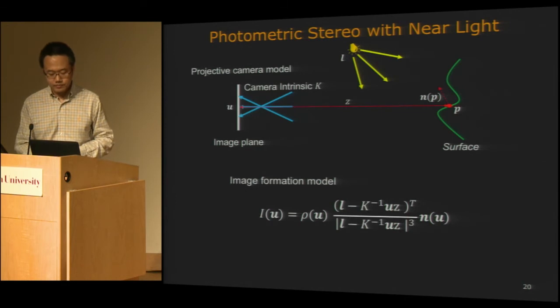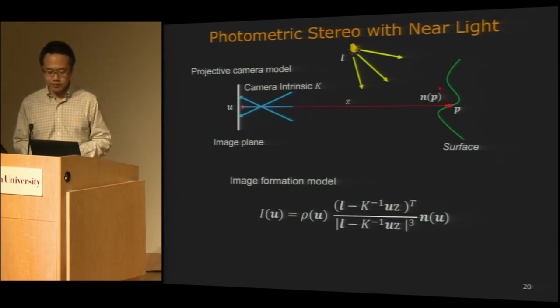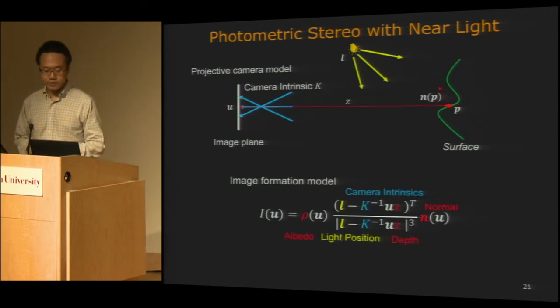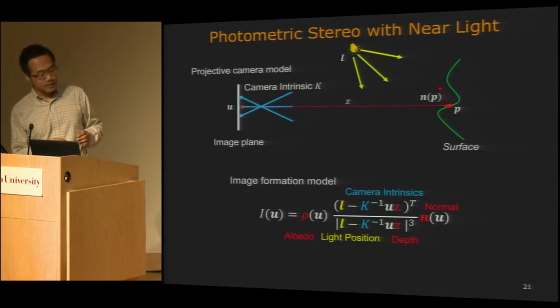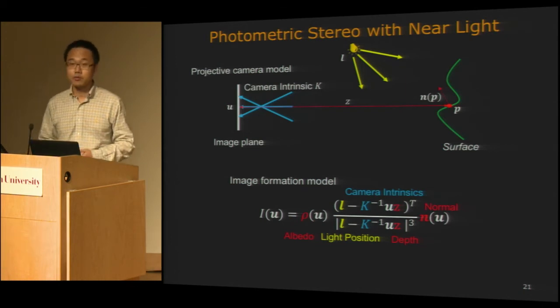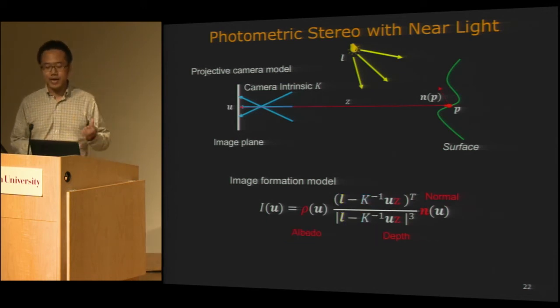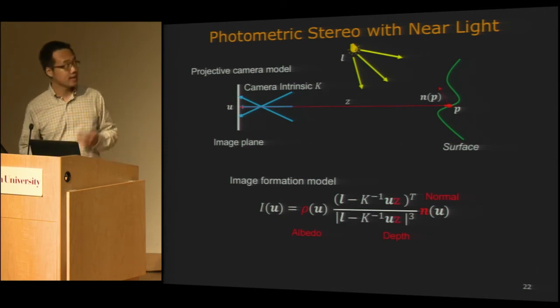So in summary, for a scene point illuminated by a near-field point light source, its image intensity is a function of the surface albedo, the light source position, camera intrinsics, and the depth and surface normal of the point. As we can precalibrate the light source position in the camera, the sets of unknowns are surface albedos, depths, and surface normals.